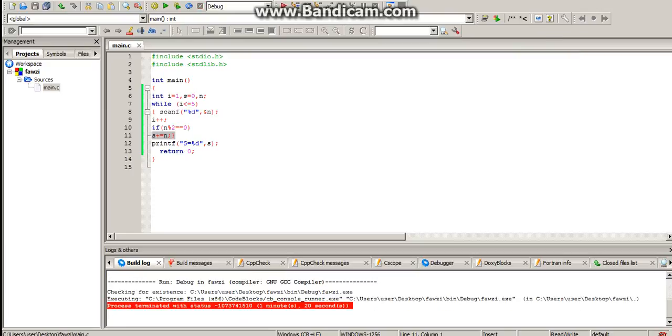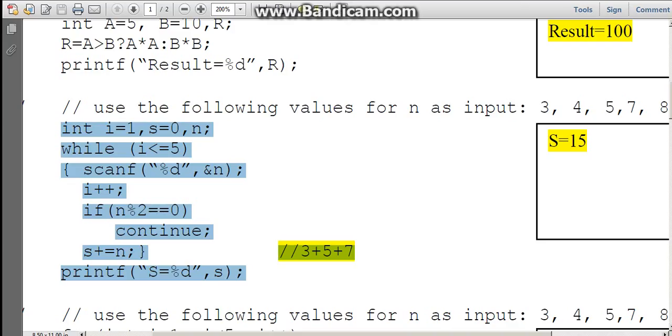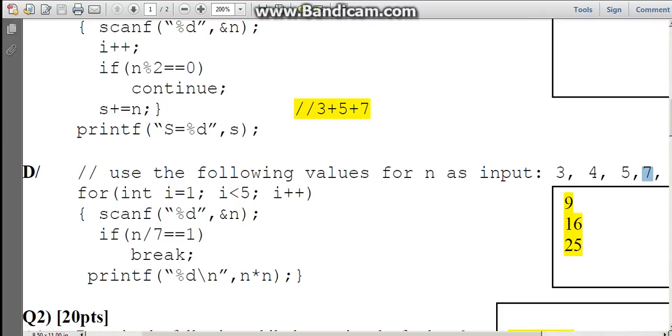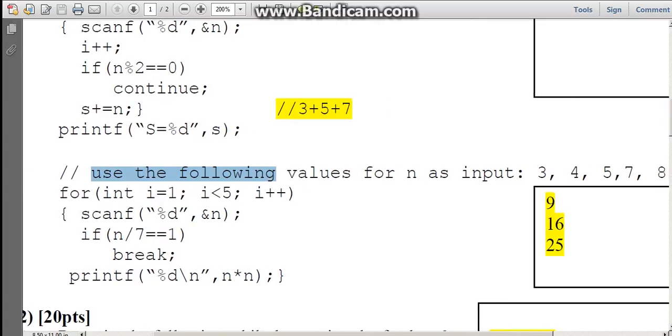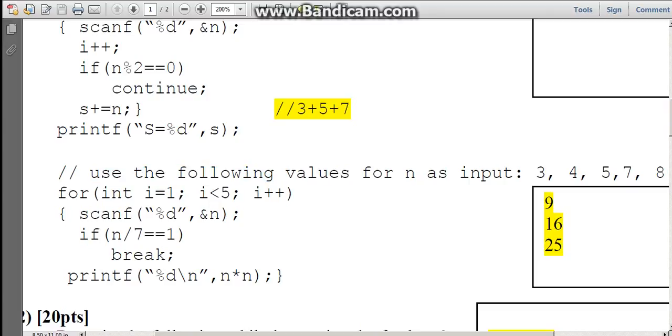Right, now let's go and solve another problem. Now let's see this question. They ask the same thing, following the values of the input 3 4 5 7 8, right? So there's 8 here. Because there are 5 inputs, we need to use a loop from 1 to 5 and increasing.